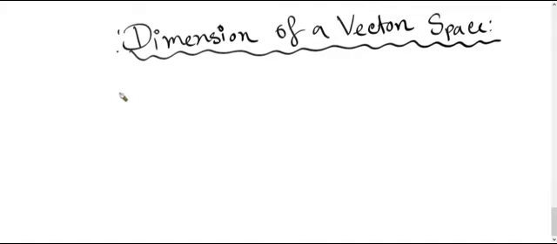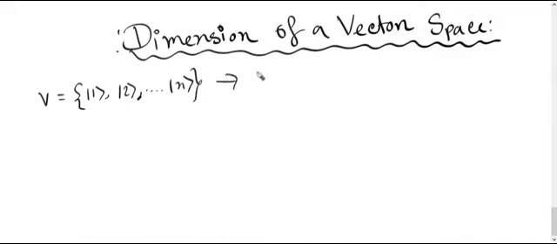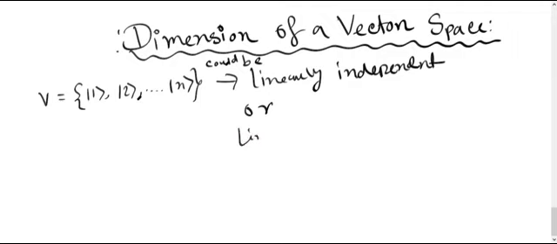We saw a vector space that had n objects, that is n vectors, and these vectors could be linearly independent or linearly dependent.